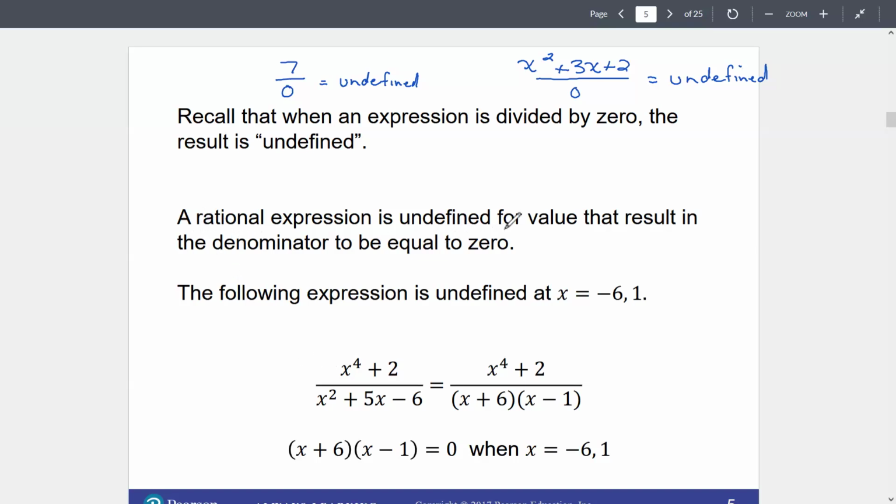A rational expression is undefined for a value that results in a denominator equal to 0. So the expression x to the fourth plus 2 over x squared plus 5x minus 6 would be undefined as long as the bottom is 0.